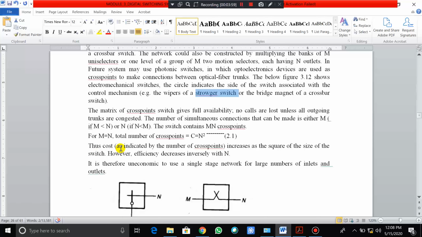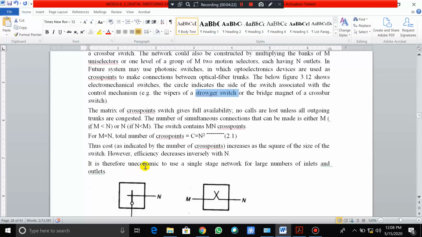Thus the cost increases as the square of the size of the switch. However, efficiency decreases inversely with N. It is therefore uneconomical to use a single stage network for a large number of inlets and outlets.